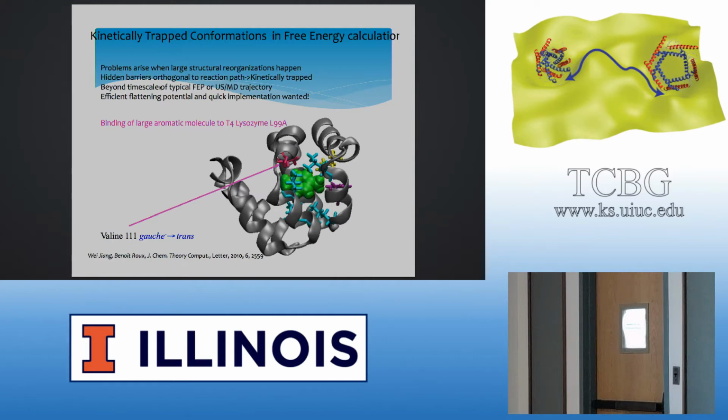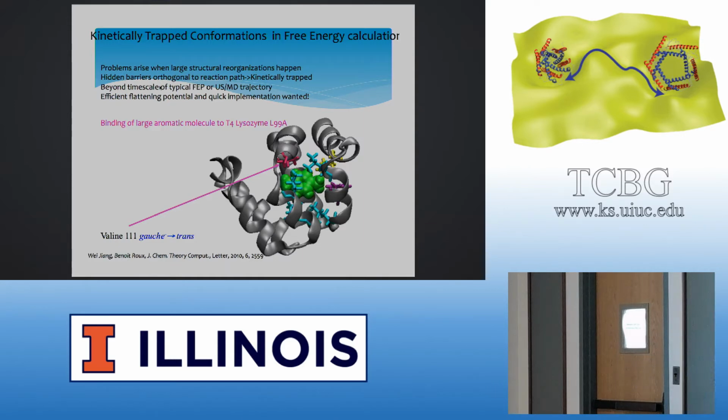But during the insertion of these binding inhibitors at the binding pocket, some residues receive significant backbone or rotameric state change, and those rotameric state or backbone distortions create very high potential energy barriers, and it's really hard to overcome by normal free energy calculation.